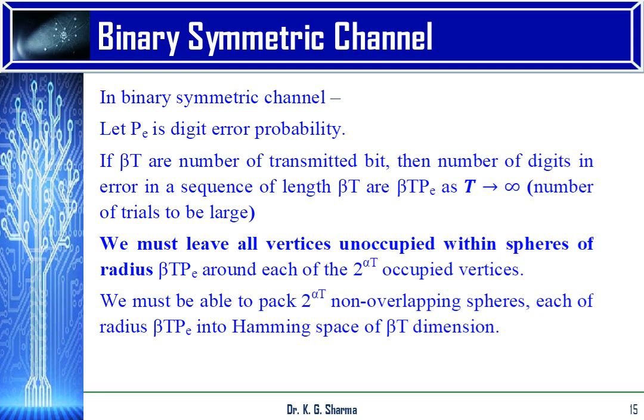As t tends to infinity, that is number of trials to be very large, this signifies that we must leave all the vertices unoccupied within the spheres of radius beta t times PE around each of the 2 to the power alpha t occupied vertices. Hence, we must be able to pack 2 to the power alpha t non-overlapping spheres in beta t dimensional Hamming space with radius of each sphere beta t times PE.